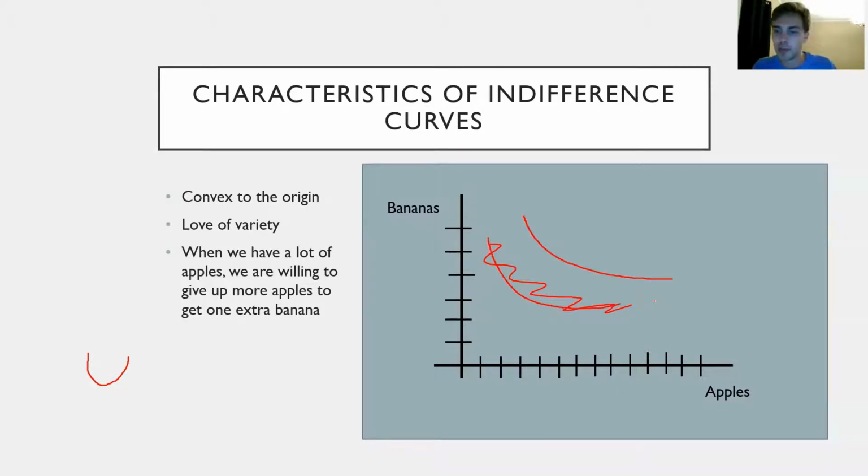Okay, so if we have a lot of apples, let's say we're at this point here, we're willing to give up a lot of apples to go from 4 bananas to 5 bananas, right? So if we move from 4 bananas to 5 bananas, we're going right here and giving up, we'll call this point 10, I haven't counted them out, and this will be about 5.